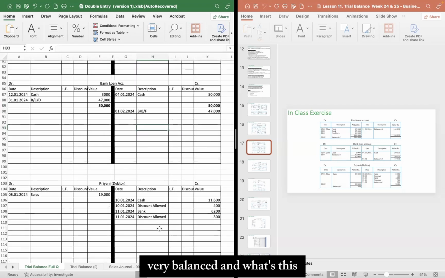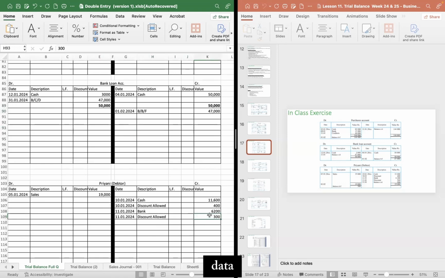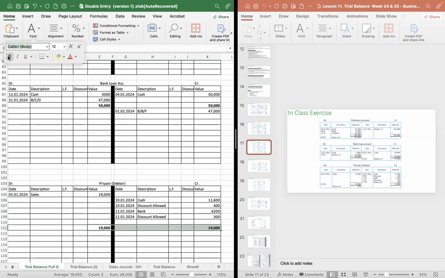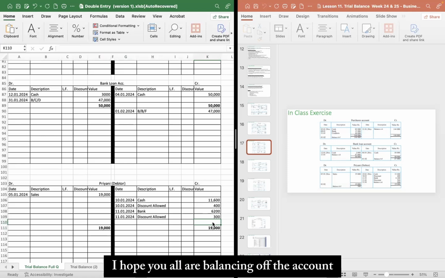And what's this? Debtor. 19,000. I hope you all are balancing off the accounts.